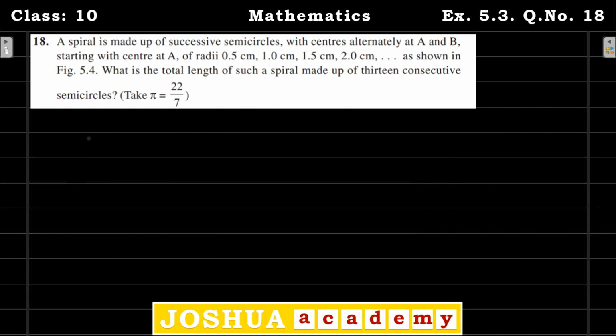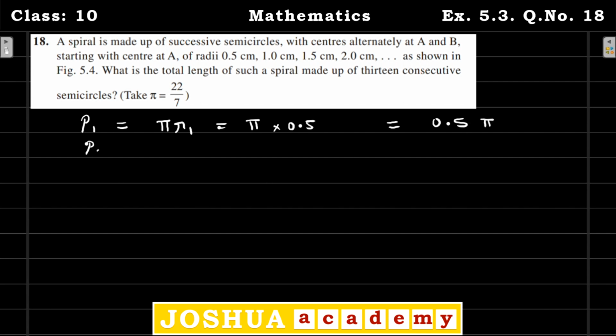Now I am starting with this. Instead of giving a different name, I call the perimeter of the first semicircle P1, which is pi r1, equal to pi into 0.5 centimeter, so 0.5 pi.